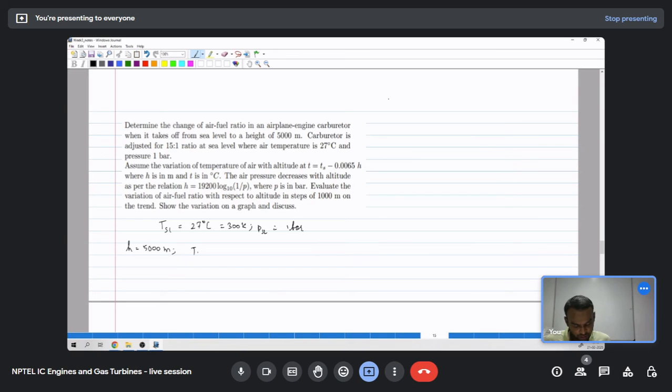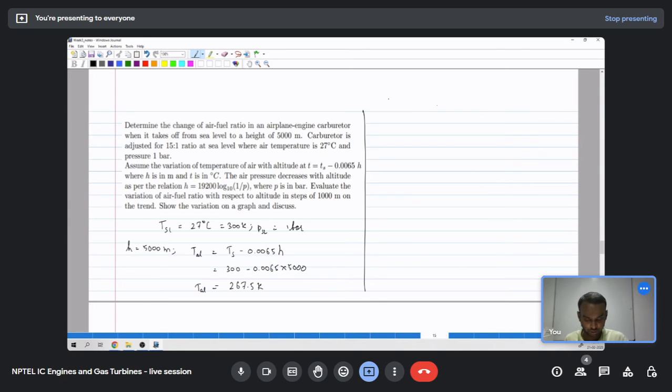Then T at altitude is equal to Ts minus 0.0065 into H, so 300 Kelvin minus 0.0065 into 5000. The temperature at altitude is 267.5 Kelvin.